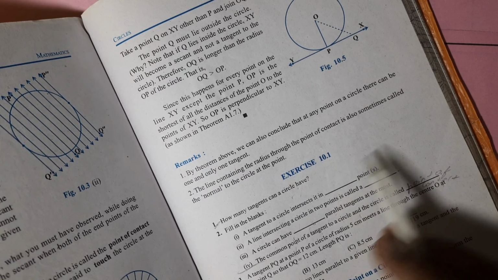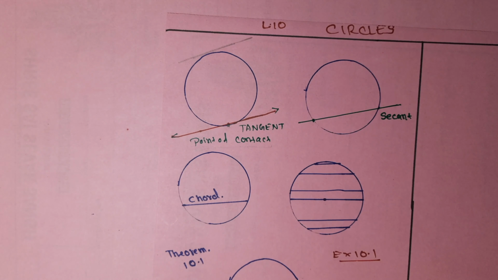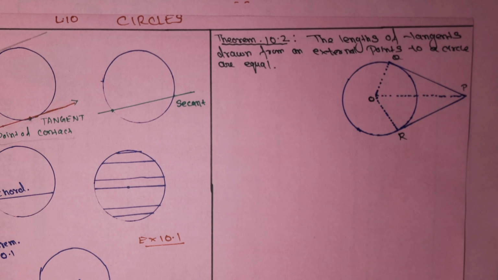So that's all for questions 3 and 4. For that you require theorem number 10.2. Now I will explain and prove mathematically what theorem 10.2 is. So okay, this is theorem number 10.2.